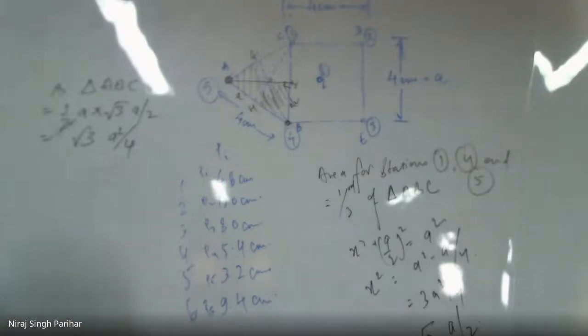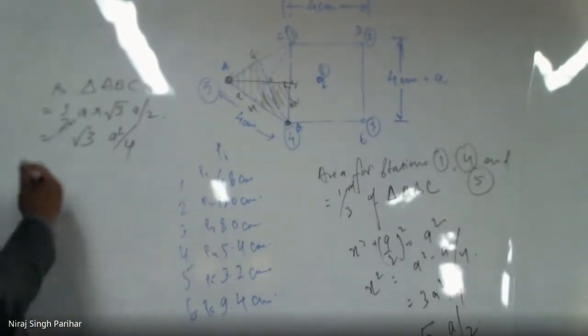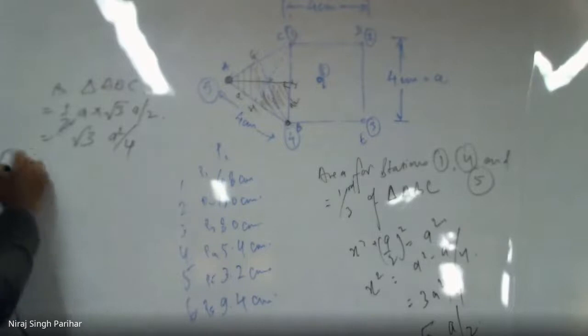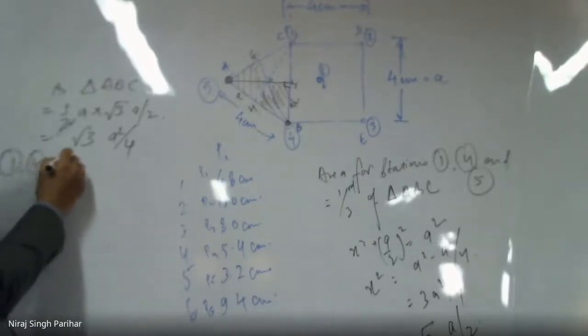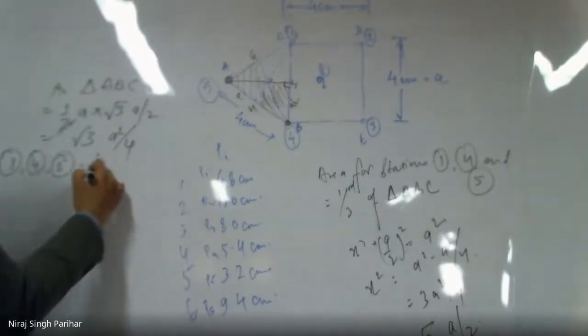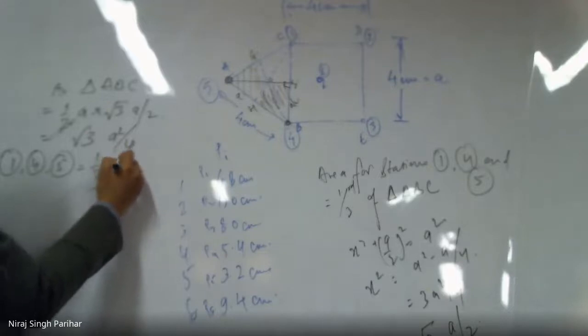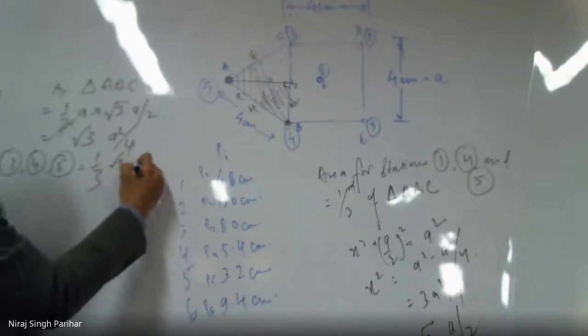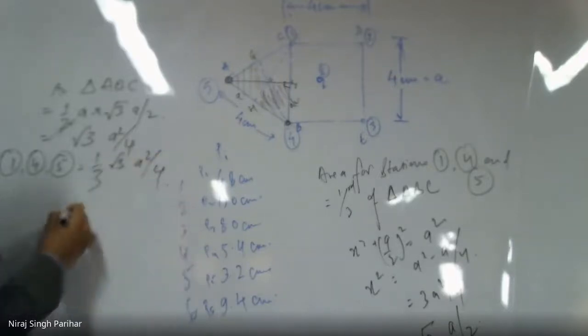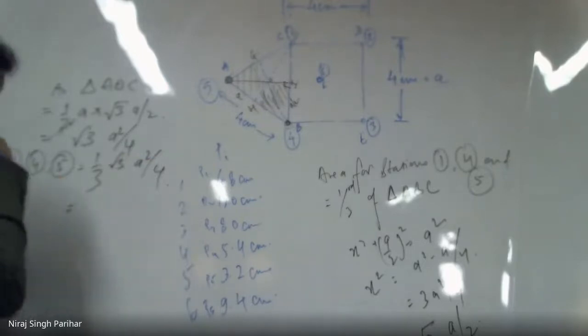And we have assigned 1/3 of this area to each of the stations. So each of the station will get how much? 1, 4, and 5 will get 1/3 of this area. If you don't understand, please tell me. So how much it will be?